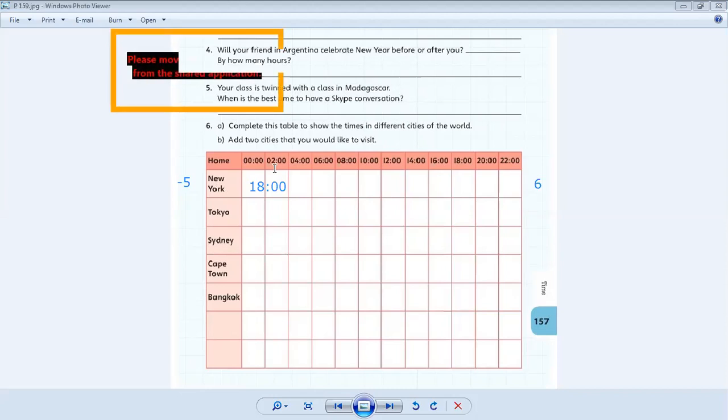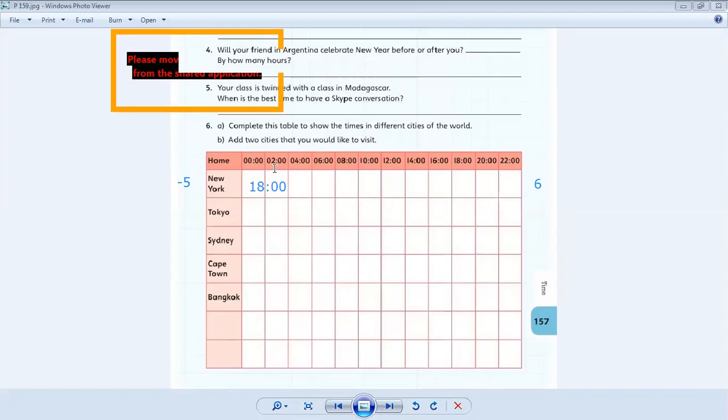2 o'clock, we're counting back: 1 o'clock, 12 o'clock, 11 o'clock, 10 o'clock, 9 o'clock, 8 o'clock. Let me count again: 2, 1 o'clock, 12 o'clock, 11, 10, 9, 8.